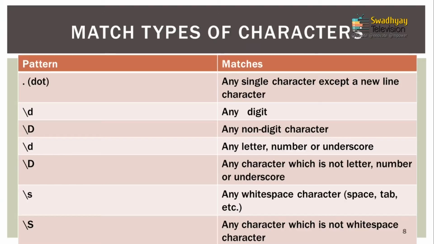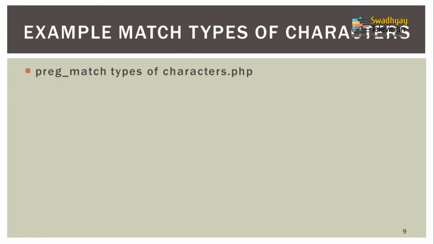Backslash capital D is for any non-digit character. \w is for any letter, number or underscore, which means an alphanumeric character. Capital \W is for anything which is not a letter, number or underscore. \s is for any white space, which includes space, tab, etc., and capital \S means not white space.